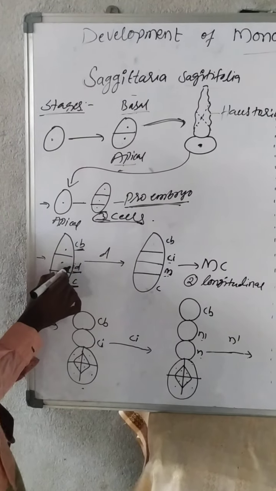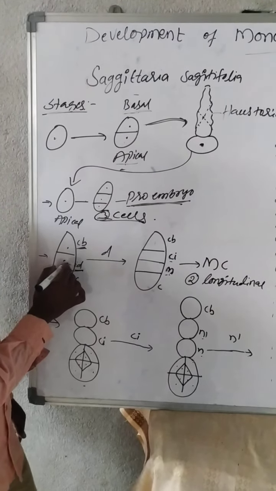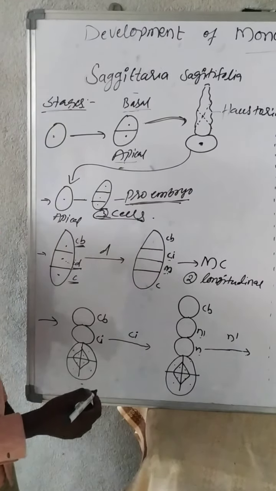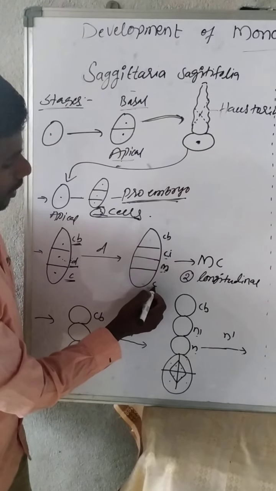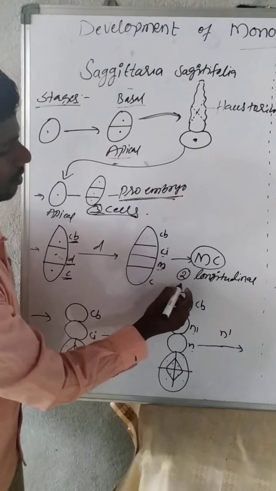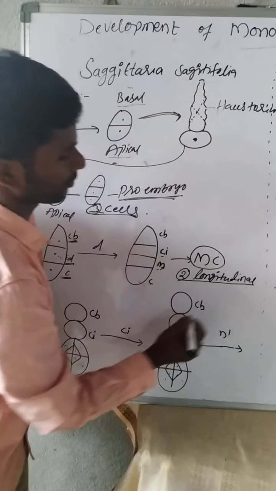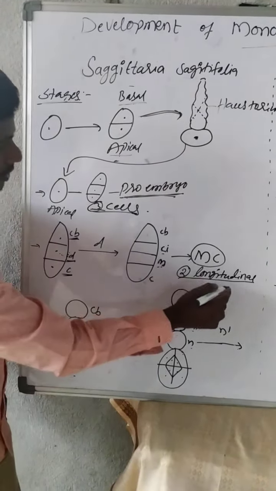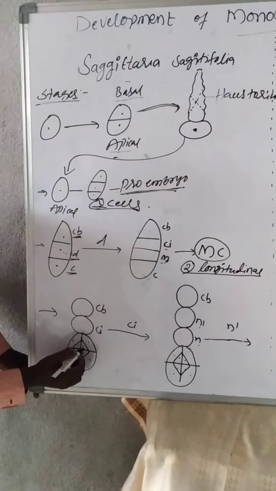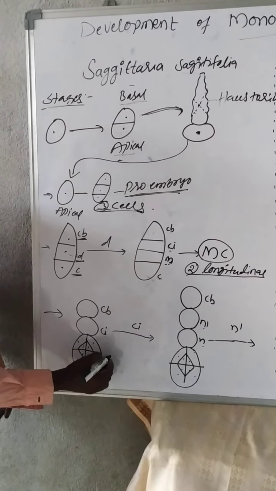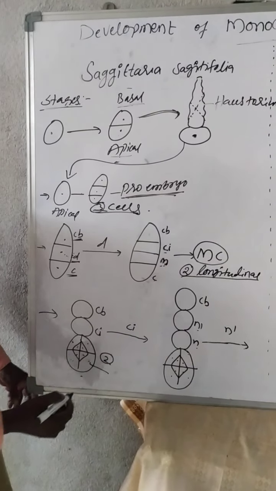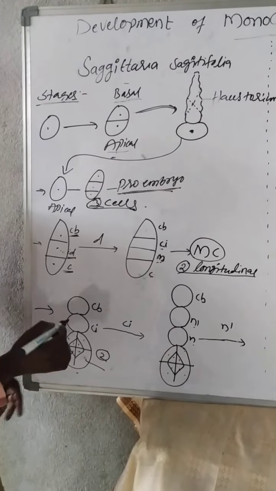Then the M and C cells undergo two longitudinal divisions and form two rows of cells, an outer row and an inner row.